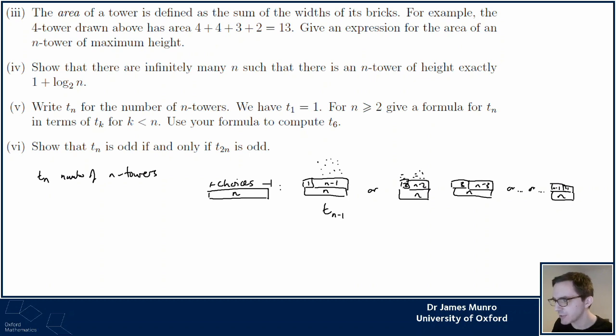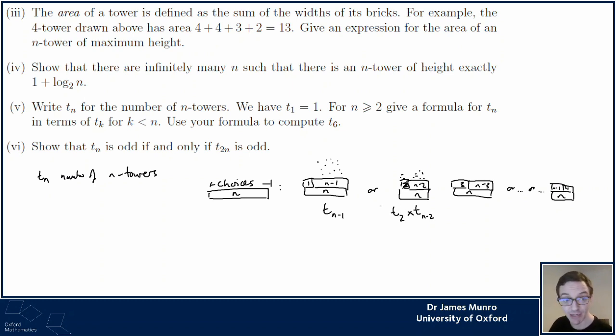So I've got to put something on top of the 2, and I've got to put something on top of the n minus 2. I've got some choices, well, not really, there's only really one possibility, but I've got t2 possibilities for the stuff I put on top of the 2, and separately I've got tn minus 2 choices for what I put on top of the n minus 2 brick. Actually t2 is 1, so I'm making a big deal out of multiplying by 1.